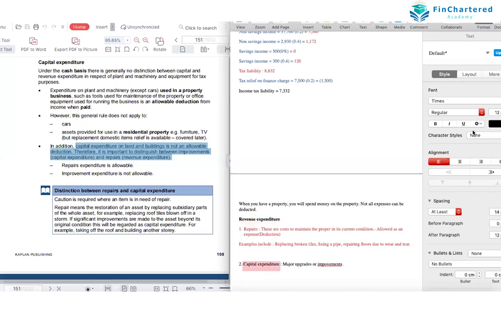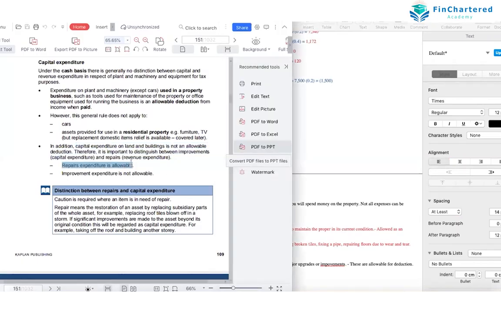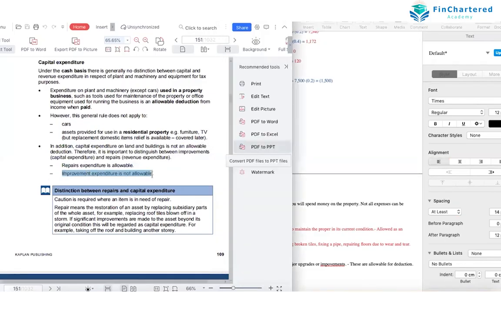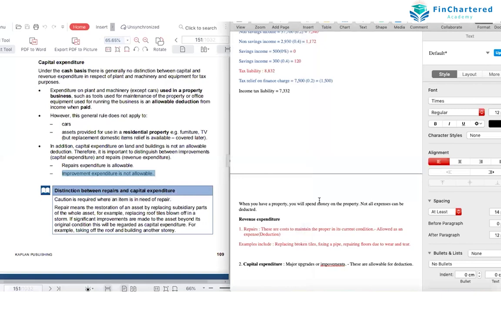Then comes capital expenditure, where these are major upgrades, major improvements, right? So as you can see, these are not allowable for deduction. As you can see in your textbook, repairs, that is revenue expenditures, are allowable, but improvements are not allowable. And that is what we are talking about in the notes as well.